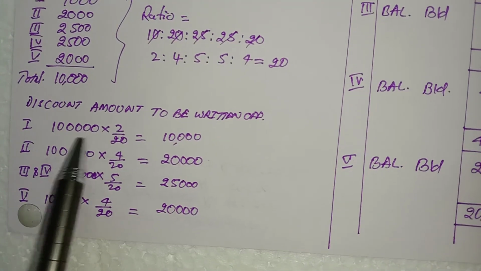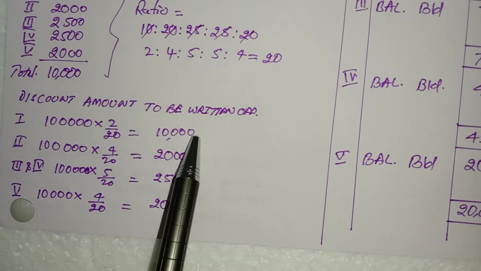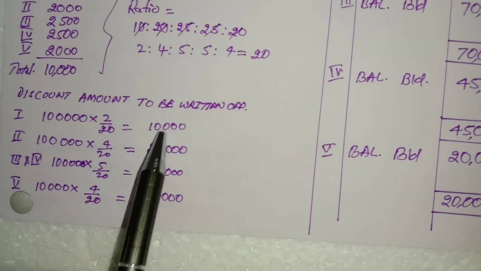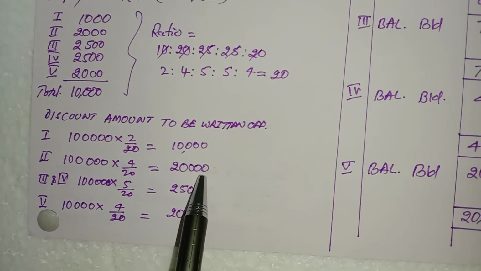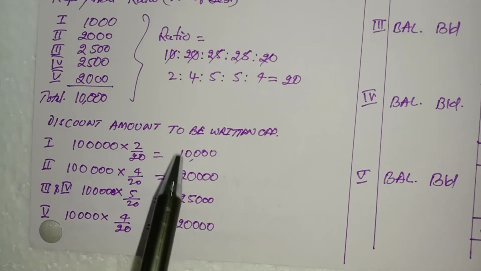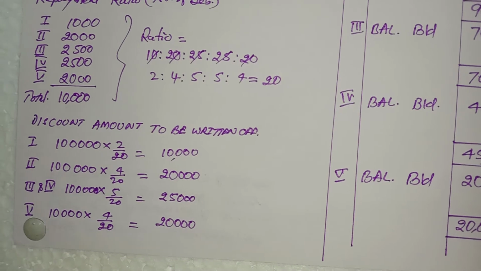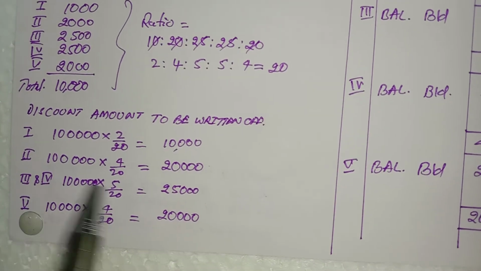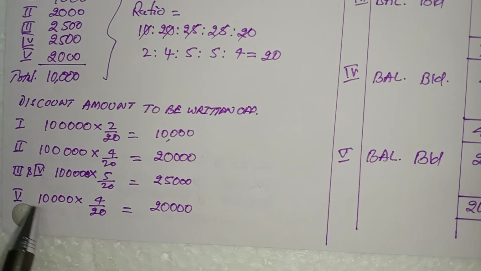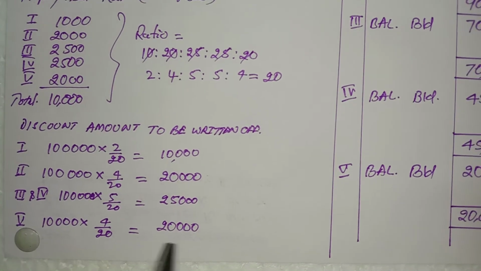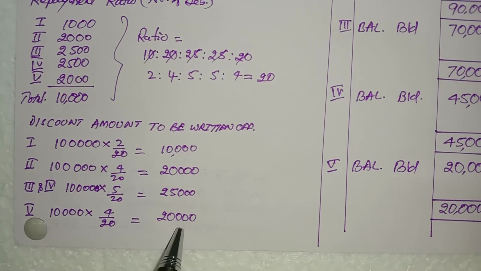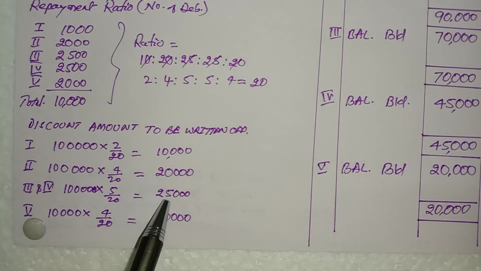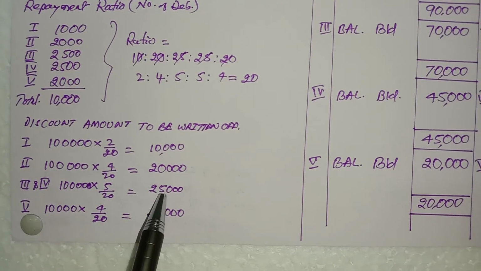So here you can see first year 10,000 we are going to adjust as writing off the discount, second year 20,000, and third and fourth year 25,000, and in the fifth year 20,000. When you add up, it will be total 1 lakh rupees. You have to double the 25,000 because I have taken for 2 years same amount.